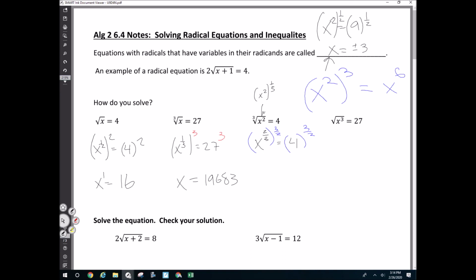Division is a fraction as well. Oh, yeah. Beautiful. 4 to the 3 divided by 2. You got it? Beautiful. We got it over here? Got it over there? All right, good.